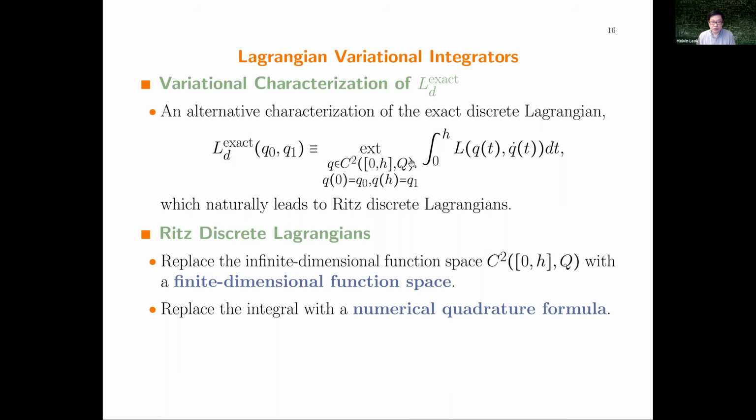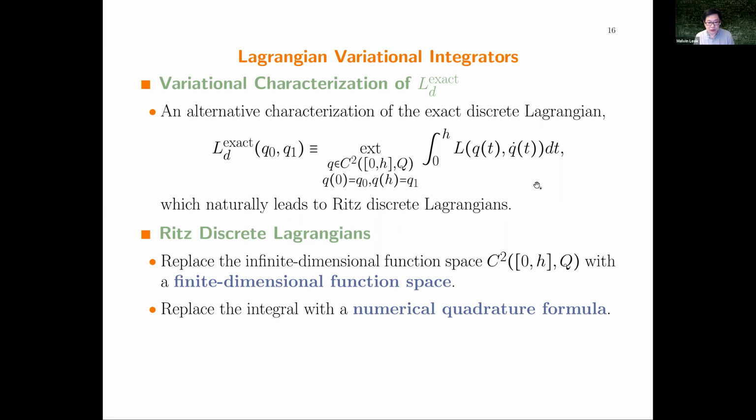That's clearly equivalent to what we had seen before, because the stationarity conditions for this basically just give you the Lagrange equations. So this is equal to evaluating the action integral along a curve which satisfies the Lagrange equations and satisfies the boundary conditions, which is the boundary value characterization I talked about earlier.